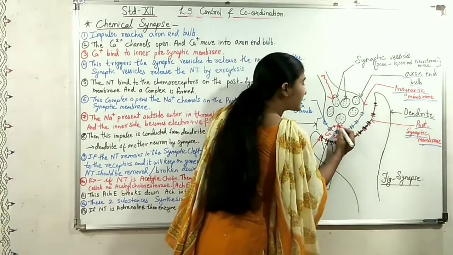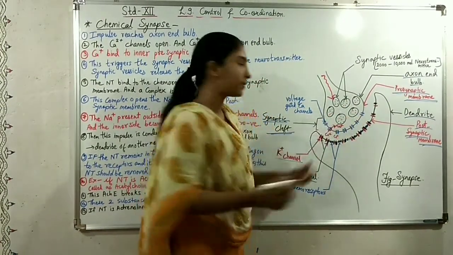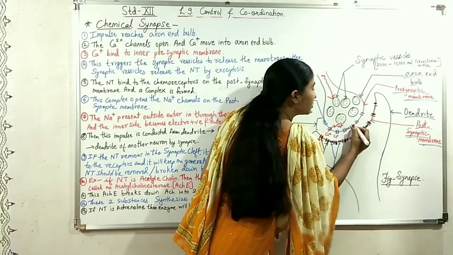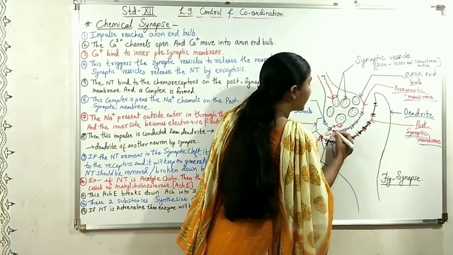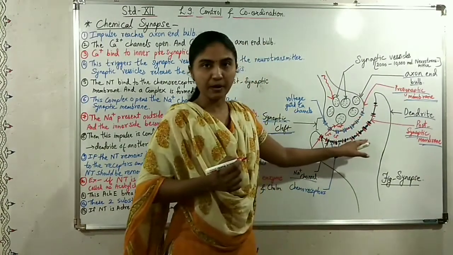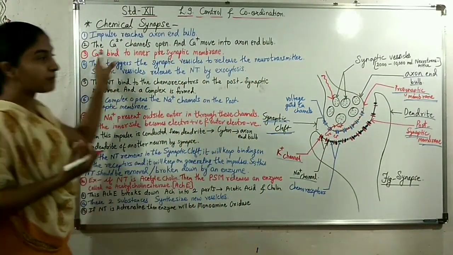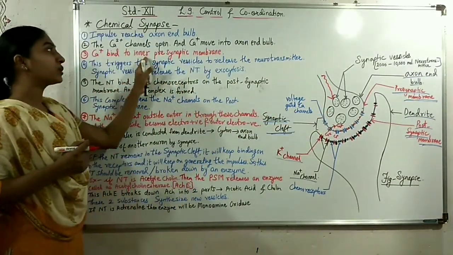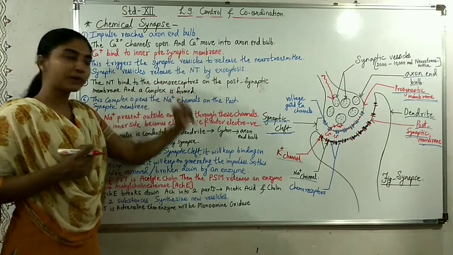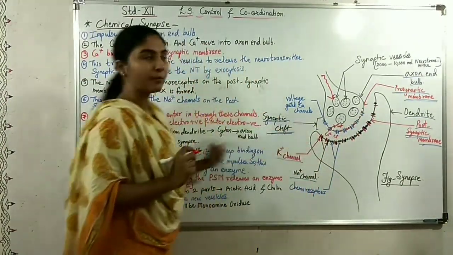Now as these calcium ions enter the axon end bulb, what happens? They bind to the inner side of the presynaptic membrane.